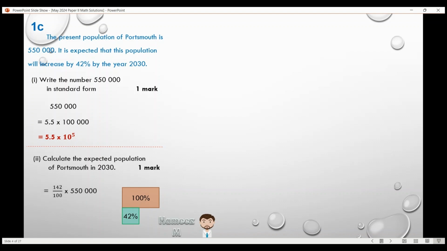So 142% or 142 over 100 multiplied by 550,000, and we can cancel off zeros, 0 below and 0 above. So we get 142 times 5,500, and that will give us that we expect that the population will be 781,000 by the year 2030.